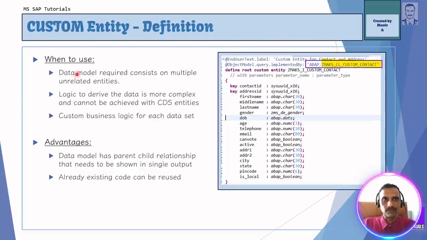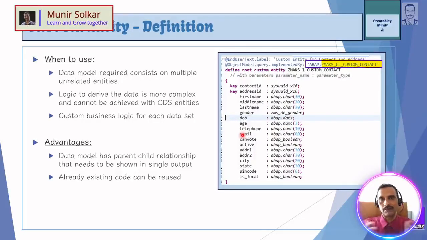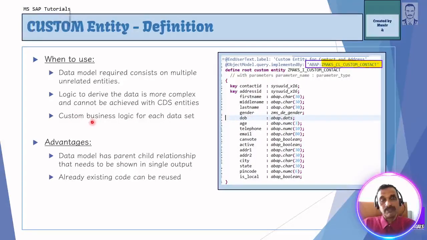As you might have seen in my transactional app, this was a virtual field, generally not there in the database. But you may want to display different statuses depending on the data that you are getting, and all those more complex business logic for each data set can be implemented using the custom entity.